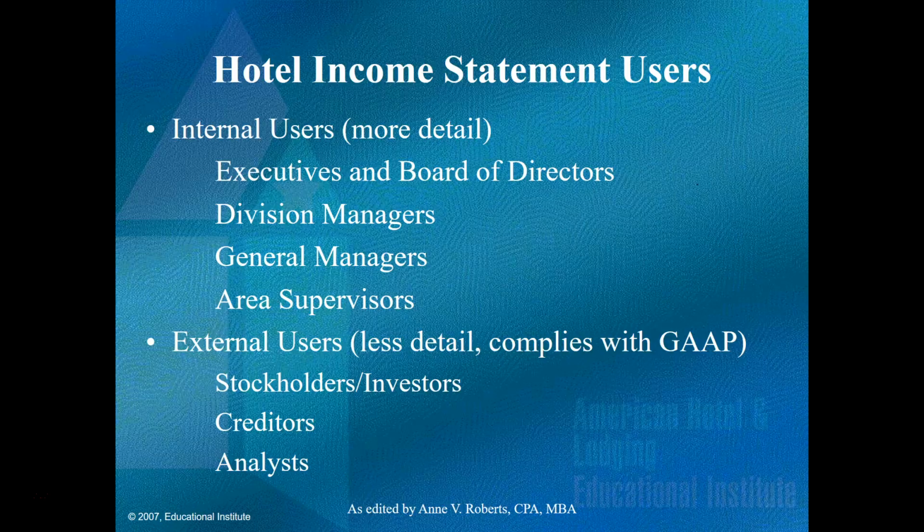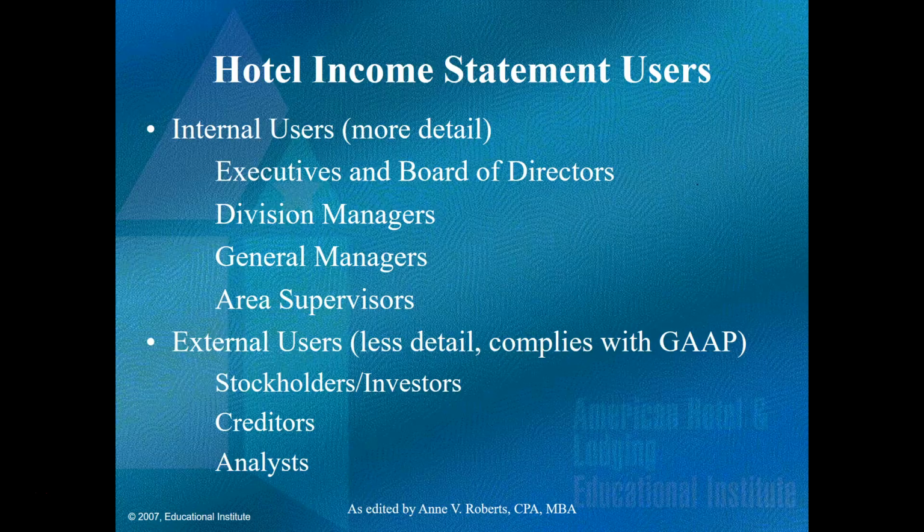Then we've got area supervisors. Now we're going to break it down even further. They can only control their area. So maybe now we're looking at the kitchen manager. Being in the kitchen, they're not really going to get anything on the revenue side, because they're not about sales, they're about cost containment.